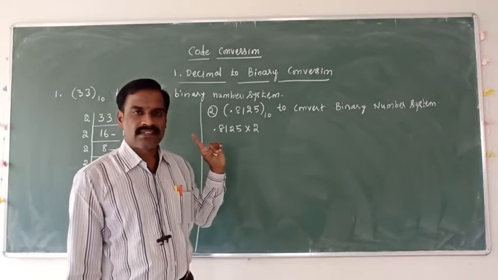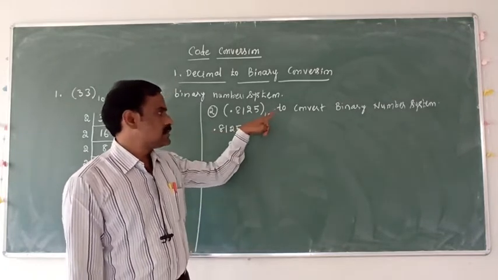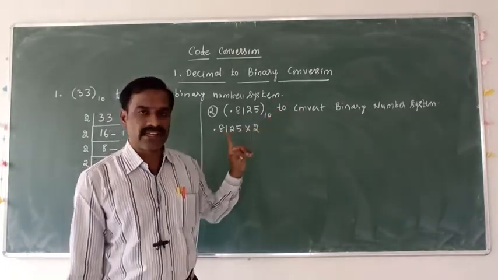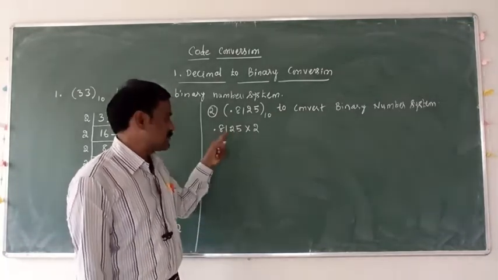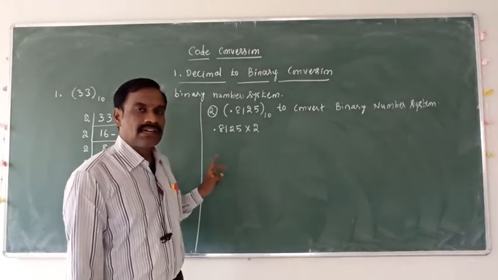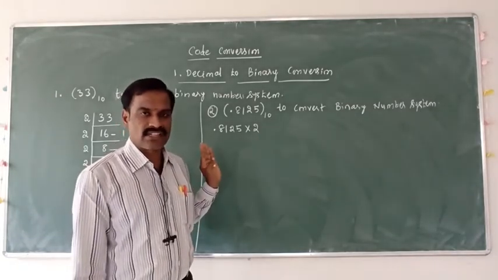This is one way to stop the conversion from decimal to binary. The second one is if the same number repeats, we can stop the conversion.